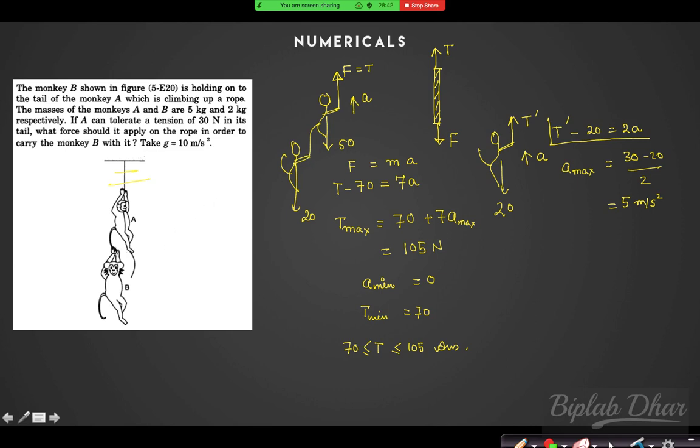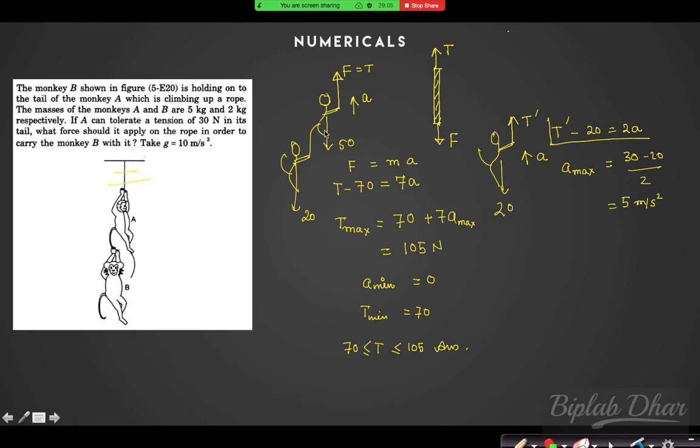If you think about this, below the lowest point there is nothing else below that string, so whatever the tension is, that will be the friction force only. You can draw the free body diagram of the monkey with this friction force also. You will find the same thing.